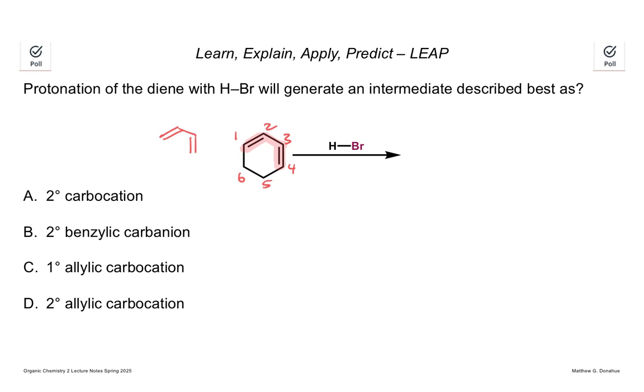So if we do that, we're going to protonate position 1. That's going to generate carbocation at position 2, and then the remaining alkene at 3 and 4. So if we classify that, it's secondary and allylic, so the answer is D.